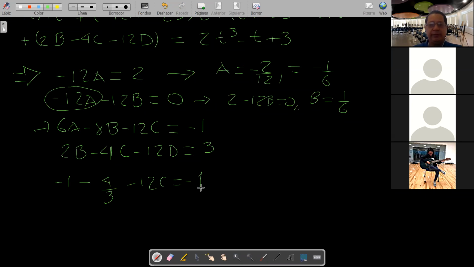And from here we can get, and this addition will give us 3 times 3 is equal to 9, plus 4 is equal to 13/3, and that will be added to -1.